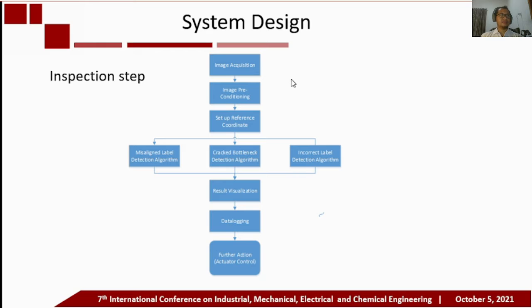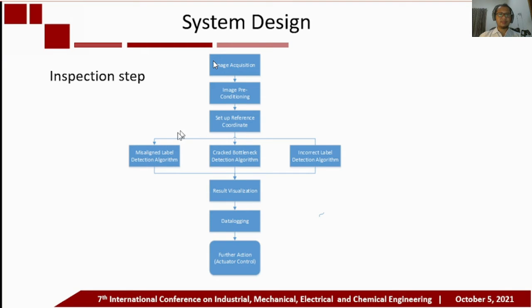Okay, for the system design, we have several steps. The image of the product container is acquired by using the camera and image acquisition, and then we have some image preconditioning, and we set a reference coordinate to ease the detection algorithm.